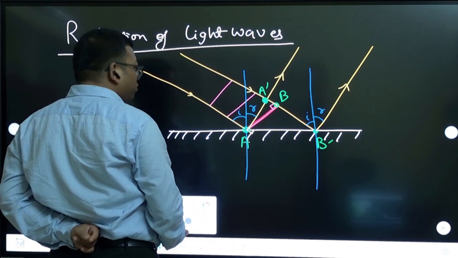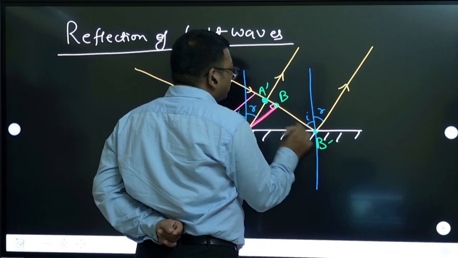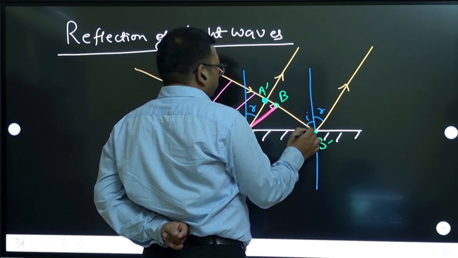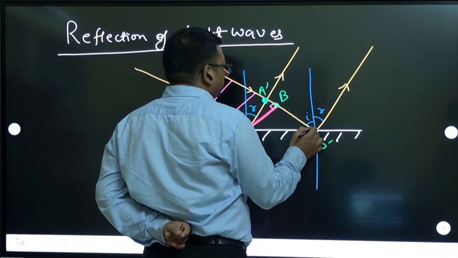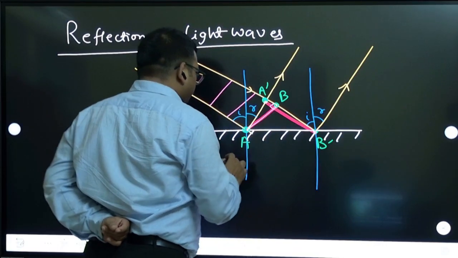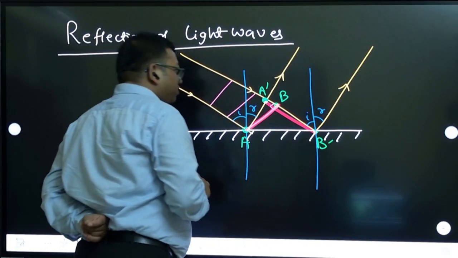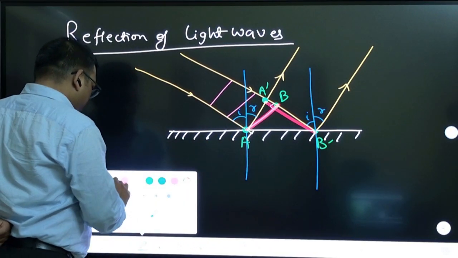How do we represent the wavefront now? I will represent this wavefront by joining the points B dash and A dash. They are two different points that we need to clearly see in this diagram.